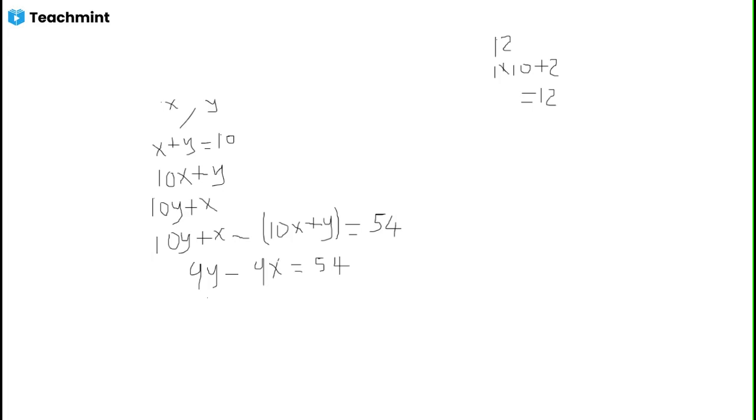So you get y minus x is equal to 54 divided by 9, which is 6.